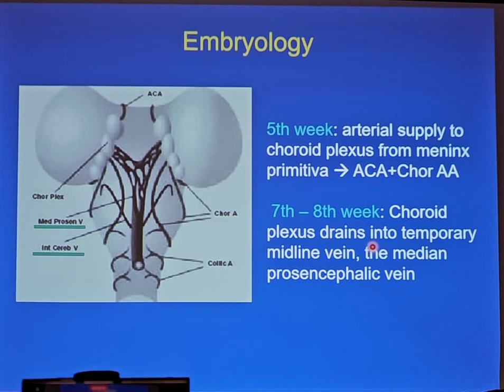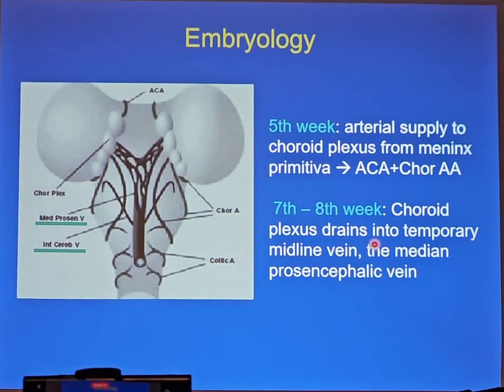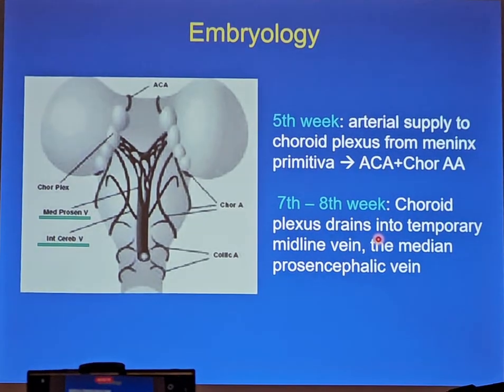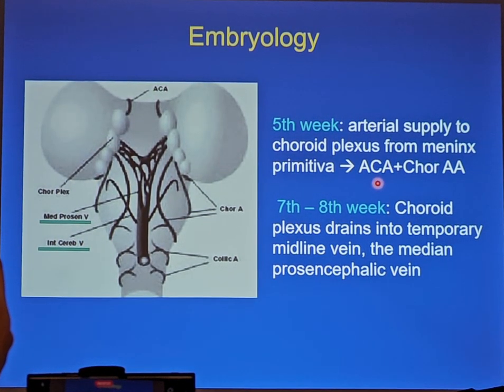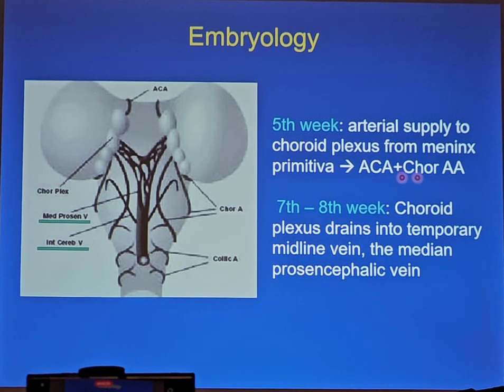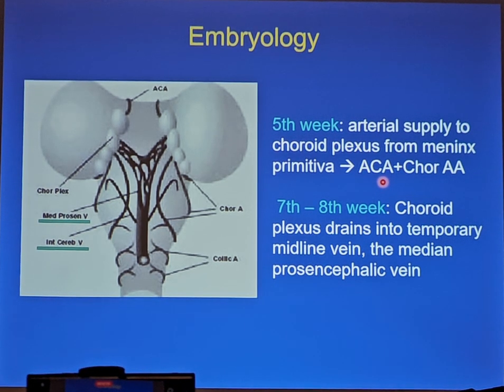As you know, and we've gone over this multiple times, the initial supply to the central nervous system is the choroidal supply, which comes from the anterior choroidal artery and the anterior cerebral artery that supply the choroid plexus. As the brain enlarges, the additional arteries become relevant and important.